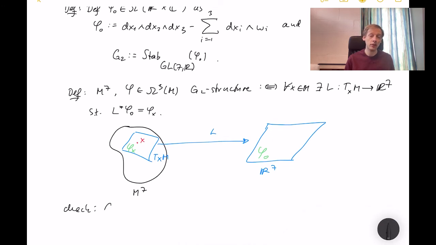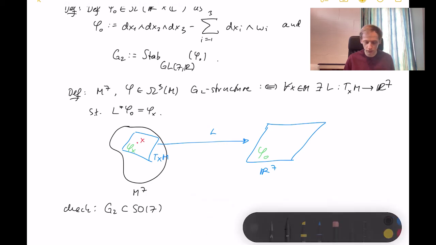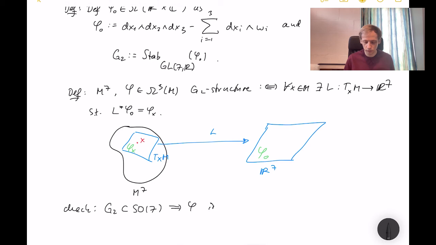So what that means is, if you have a G2 structure, that defines a reduction of your frame bundle to G2, and therefore induces an SO7 reduction. So in particular, what it gives you is a metric g phi, but also an orientation, and therefore a Hodge star.